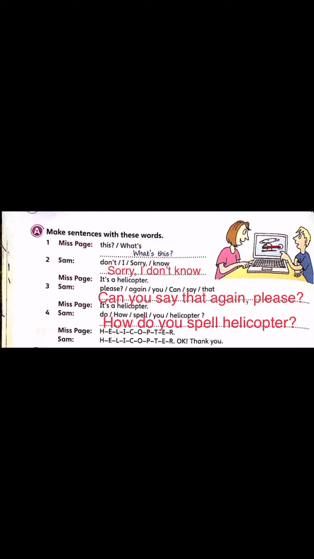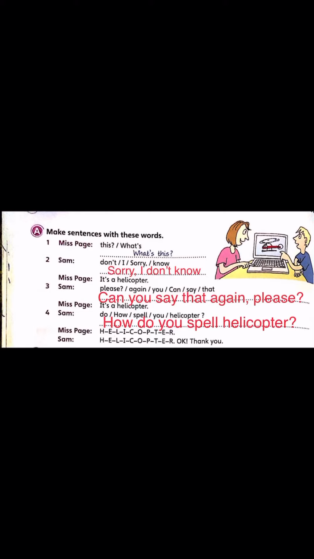Okay, now let's read this conversation between Miss Page and the boy Sam. By the way, the name Sam stands for boys and girls. So what's this? Sorry, I don't know.